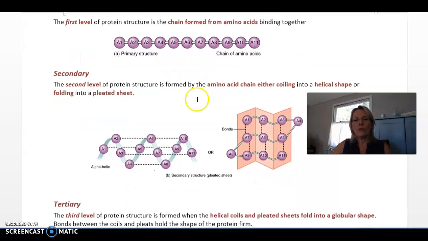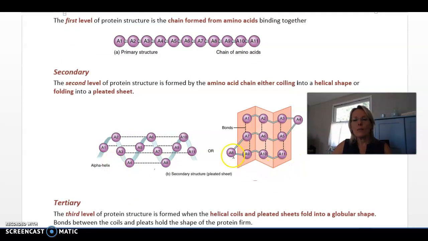It will fold into either this pleated shape, which we call a pleated sheet, or it will form this coiled structure, which we call a helical shape. So the secondary level of protein structure is either going to be a beta pleated sheet or a helical shape.